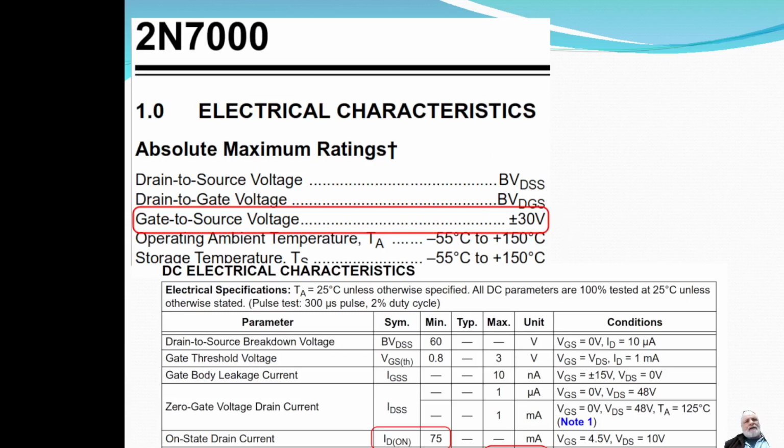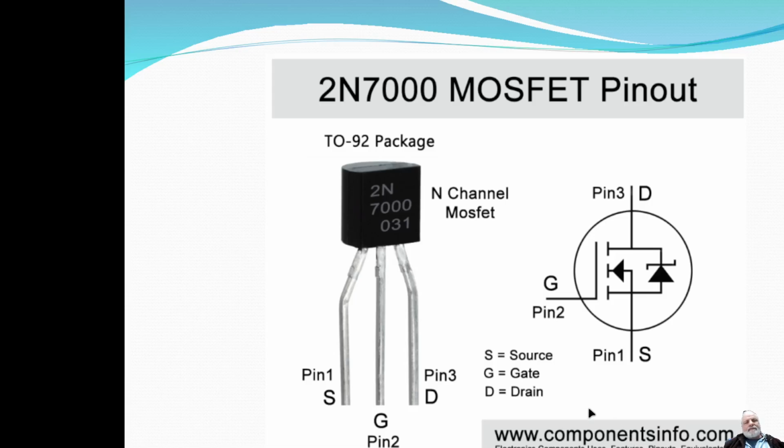You also want to look at what is your maximum current. The on-state drain current for this particular MOSFET can handle about 75 milliamperes.